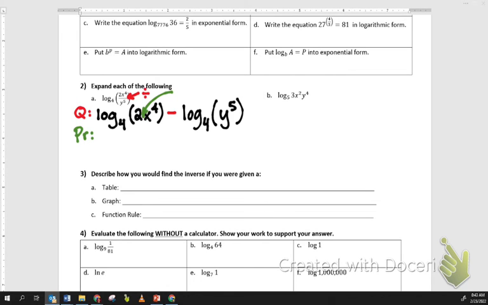So I see that 2 is being multiplied by x to the 4th, and I will expand that using addition. But nothing is being multiplied in that last part, log base 4 of y to the 5th, so I will just bring that down for now.